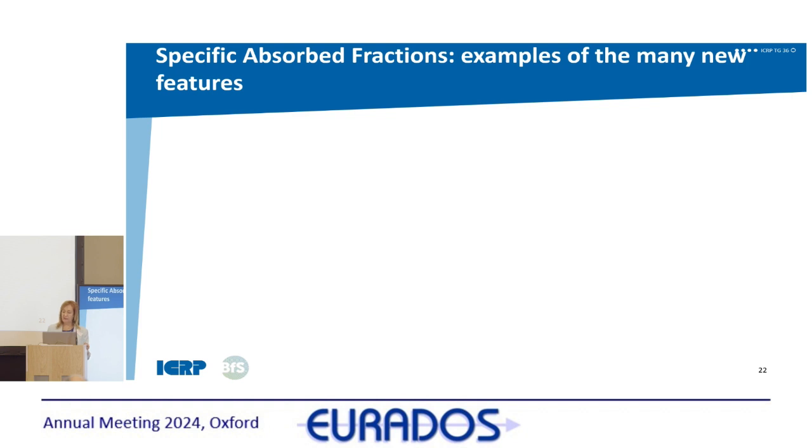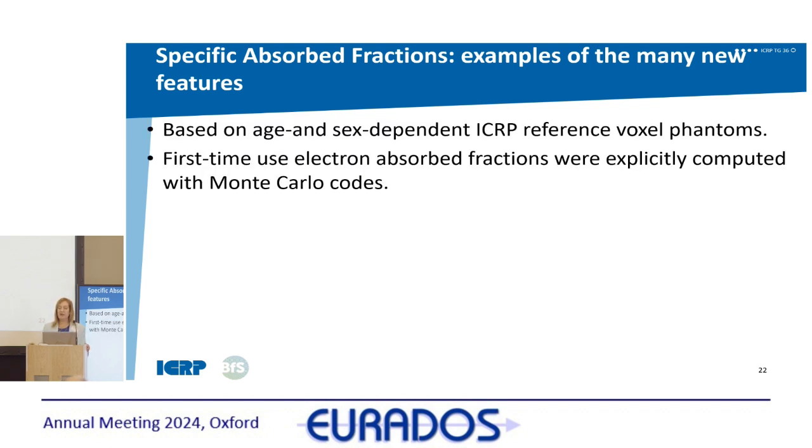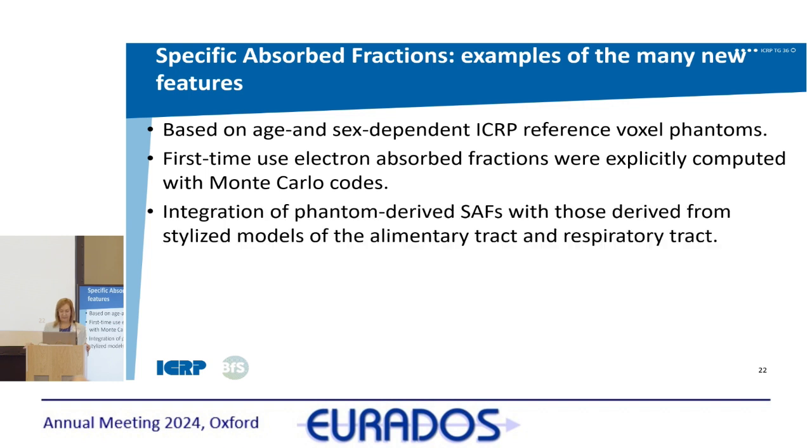Some features of the specific absorbed fractions used I would like to mention, as I said, based on the voxel phantoms. For the first time, electron absorbed fractions were explicitly computed with Monte Carlo codes. That was not the case before. Also, the integration of phantom-derived SAFs with those derived from stylized models of the alimentary tract and respiratory tract.